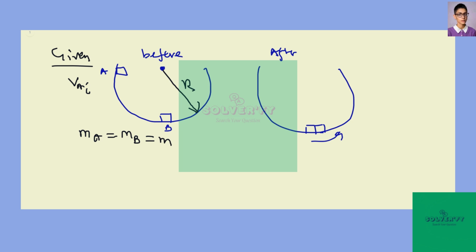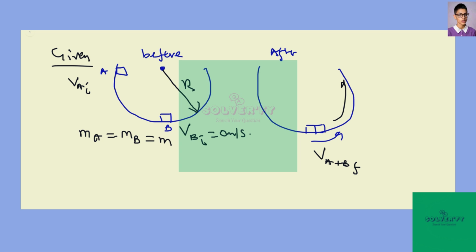So let's just make sure we have the numbers right. The initial velocity of B, as you can see, is 0 meters per second because it's not moving right now. But when they collide with each other, we're going to have a combined final velocity. So they move upwards all the way, and then they're going to stop.